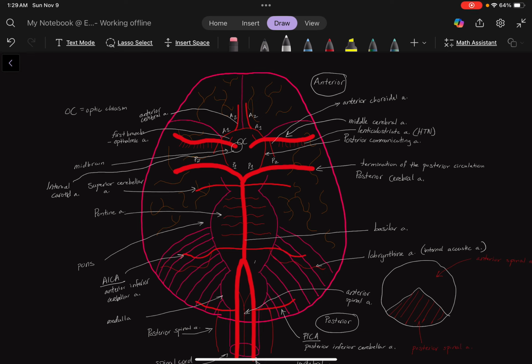Okay. And this would be the A2 segment up here. That's the A2 segment. And this is the A1 segment right here. And between them right here, this is actually a different artery. This is very important. This one is called the anterior communicating artery.